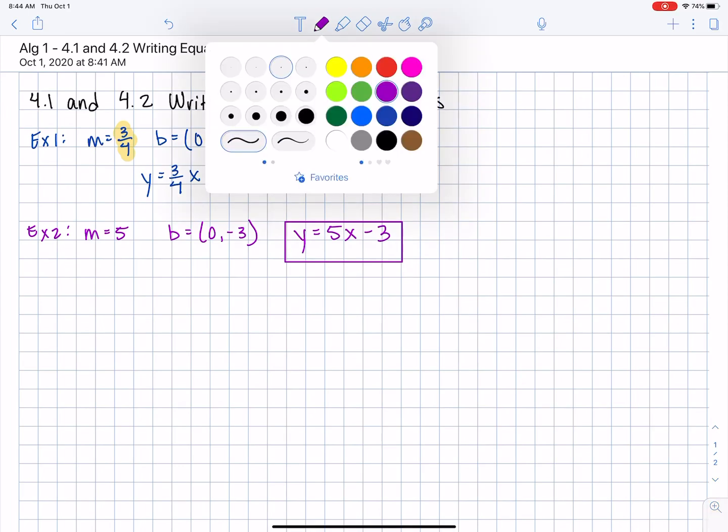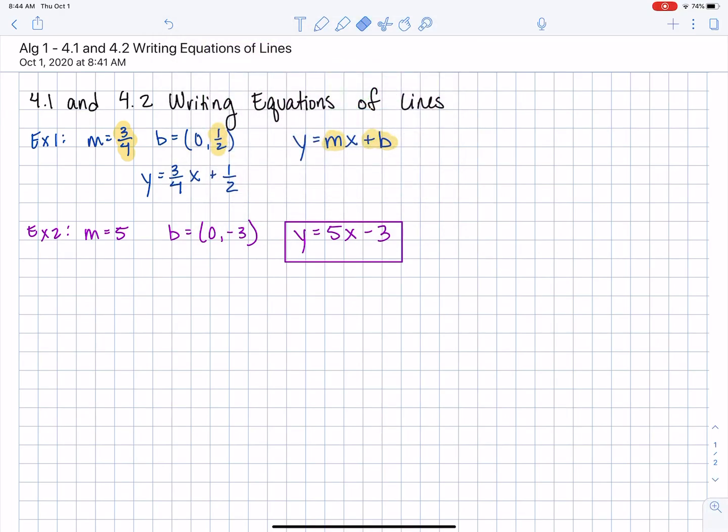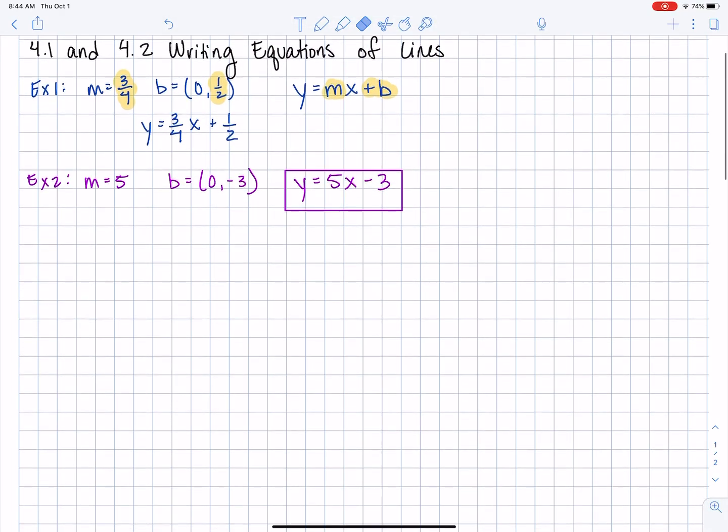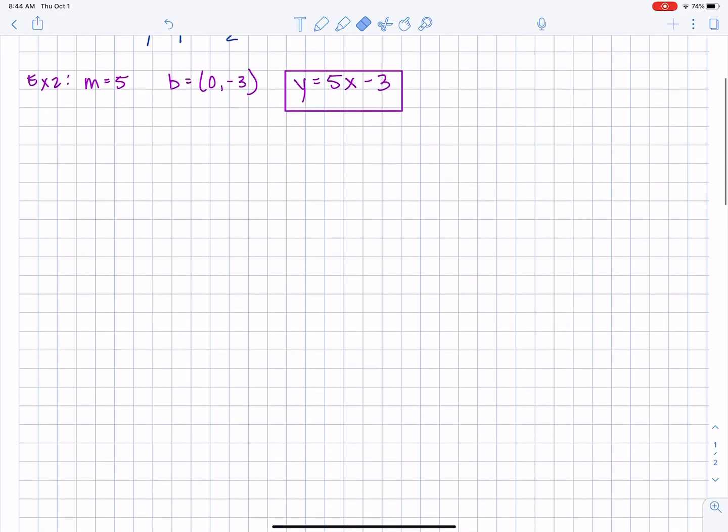Now we're going to have a few different pieces of information in terms of lines, and at this point we're going to enter what's called point-slope form. This is what you use when you are given a point and a slope.